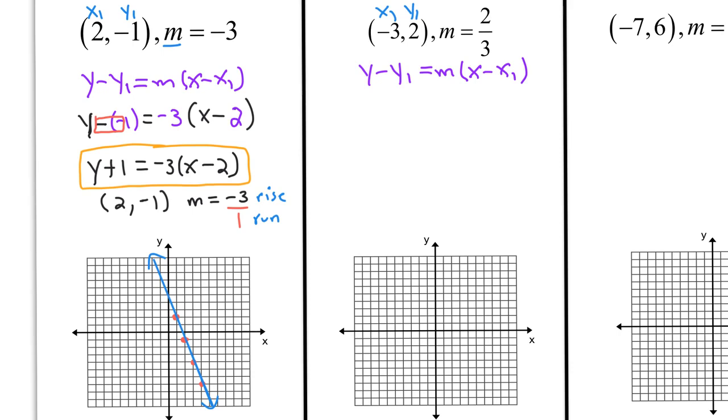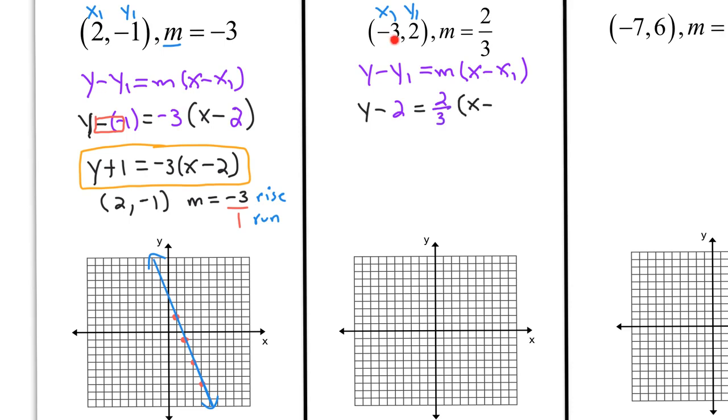So when I do that, I'm going to substitute y minus, and y1 is 2. Notice I don't have to do the double negatives because this is already positive. So I just put minus 2 equals, and we have the slope of 2 over 3 times the quantity of x minus.